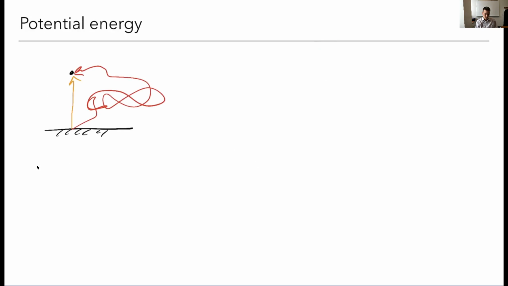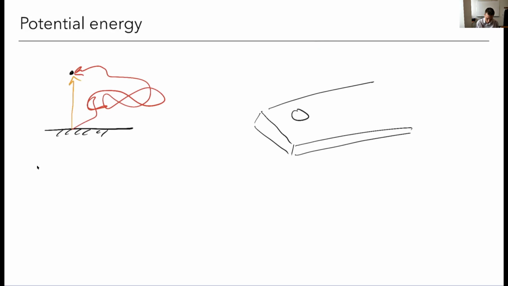In contrast, friction is non-conservative. So, for example, let's draw, like, this is my tabletop here, and I had this little puck, like a little hockey puck or something, here on the table.